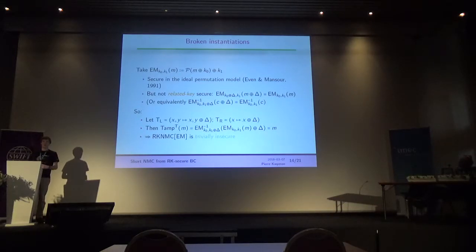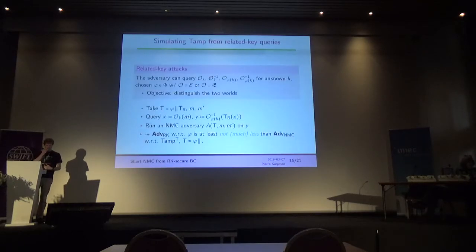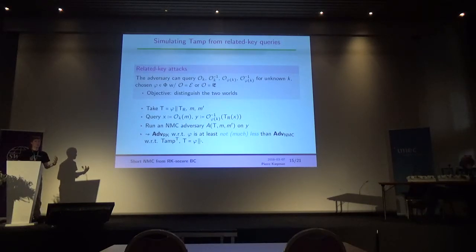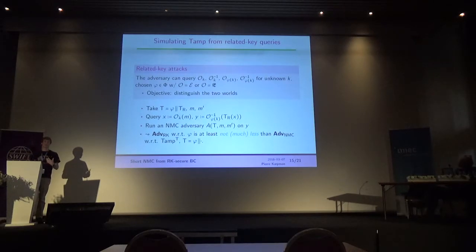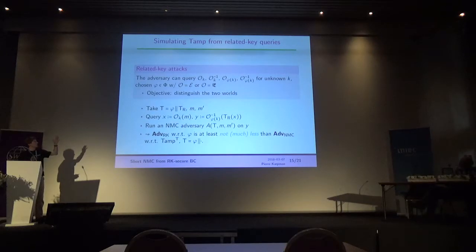In fact, there is a very strong relation between related key security and the non-malleable security of this construction. That's what I'm going to show now. Basically, we can show that if you want to attack a cipher in a related key setting, you can use an adversary for the non-malleable code construction as a subroutine. So what would be the related key scenario?